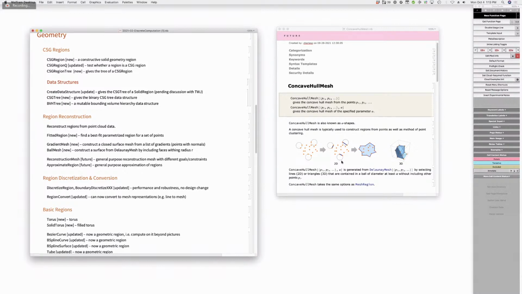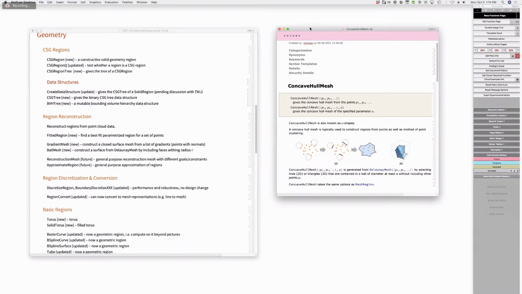But the Delaunay mesh, I don't understand this. You construct a Delaunay triangulation, and it's some kind of boundary of that Delaunay triangulation. Is that right? You should go to the Delaunay mesh documentation so you can see what one of them looks like.